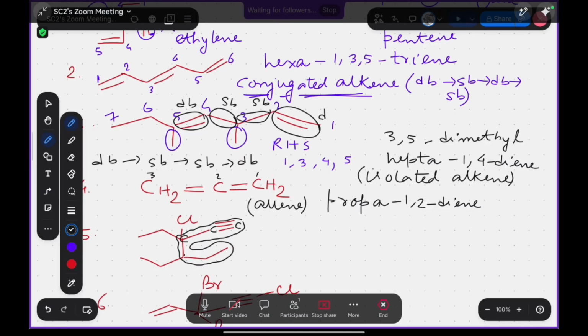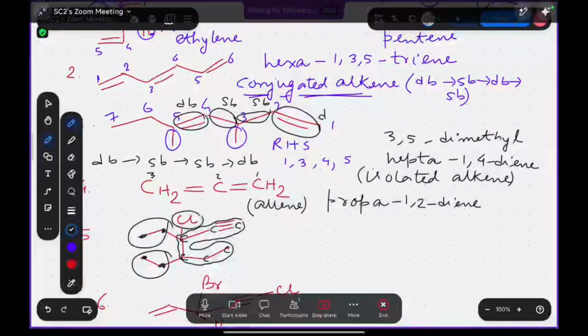And also the maximum number of carbon atoms are included. So this is the parent chain. These two form the side chain, each having 2 carbon atoms. This is 1 carbon, this is 1 carbon. Chlorine is also a side chain. I hope you can understand this.